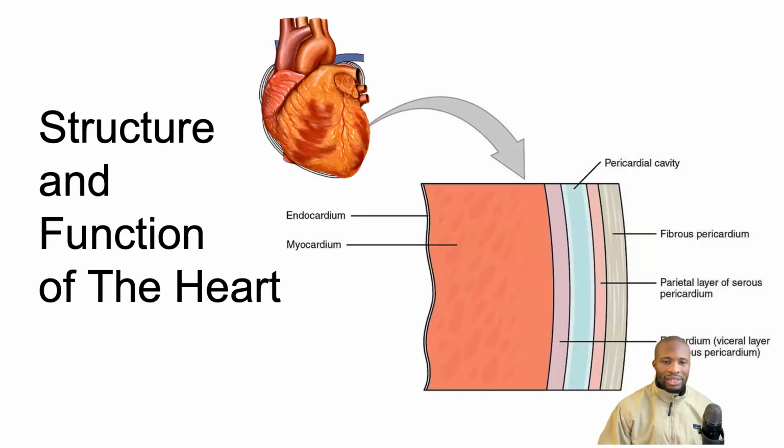And when we start slicing into the heart, what we're going to do is go from the outside all the way to the inside. So the heart is actually going to be this sack of tissue. And on the inside, you're actually going to have a cavity. It's hollow, right? There's a space in there.